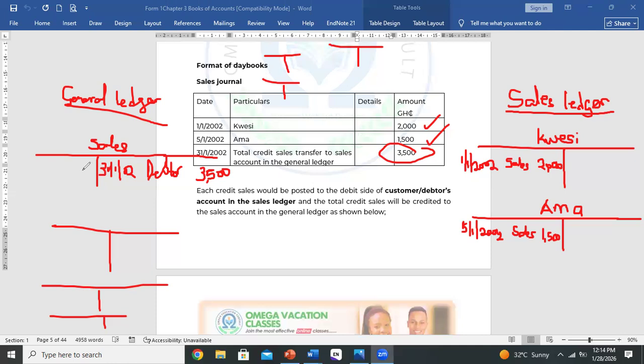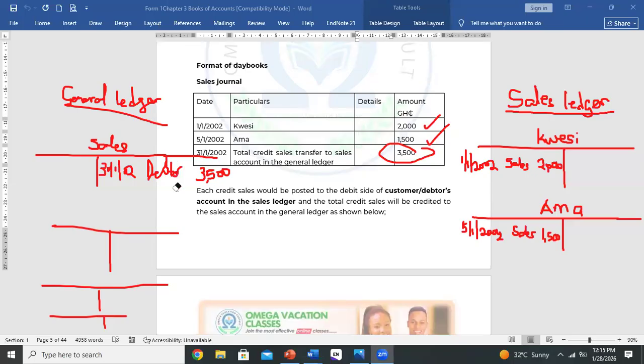Are you confused about why we have sales in Kwesi's account under the sales ledger? No, now let's go to the general ledger. The general ledger, okay. So your confusion is about what? Why have you recorded it on the credit side?